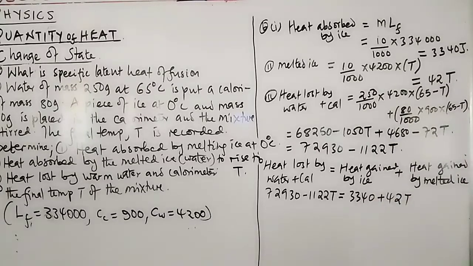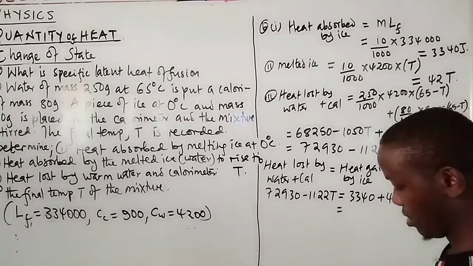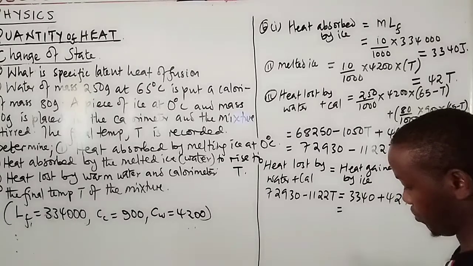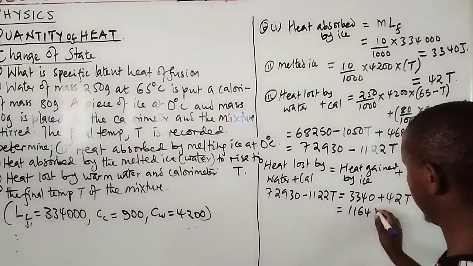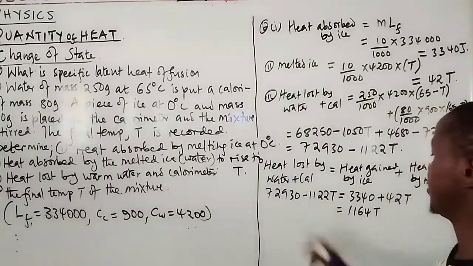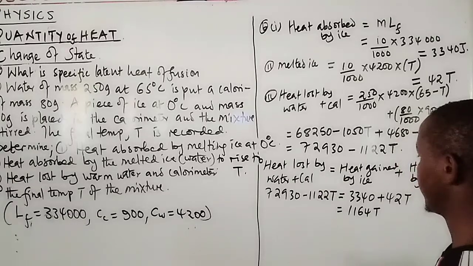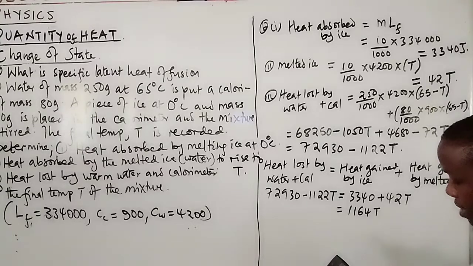Therefore we can group like terms together. The T's can come here so that they become positive. So when we add 42 to 1122 we get 1164 T is equal to 72,930 minus 3340.